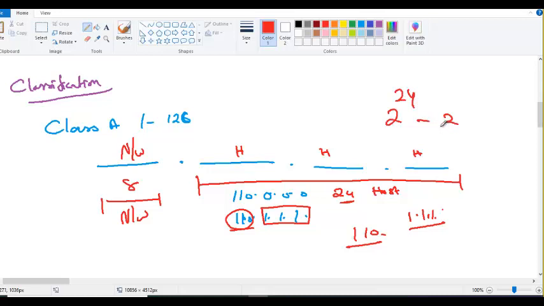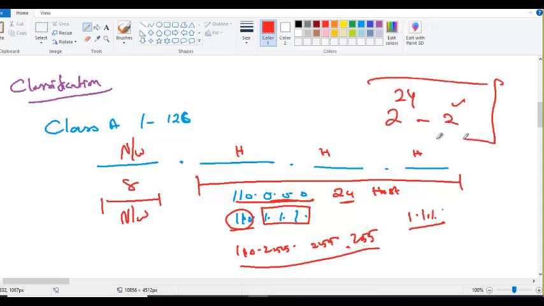Minus 2 is because we will not use the all-zeros address, and we will also not use the all-ones address, like 110.255.255.255. We will not use this one and this one. So minus 2.